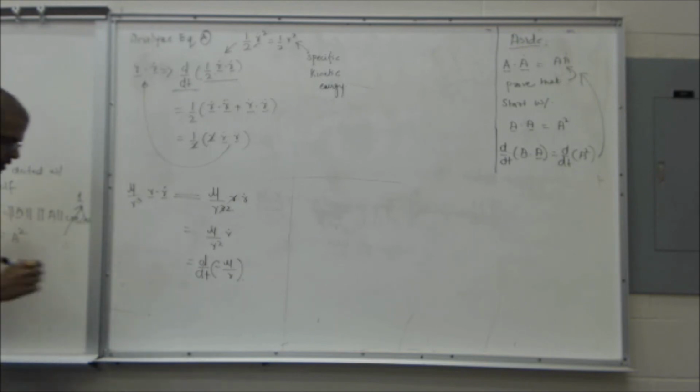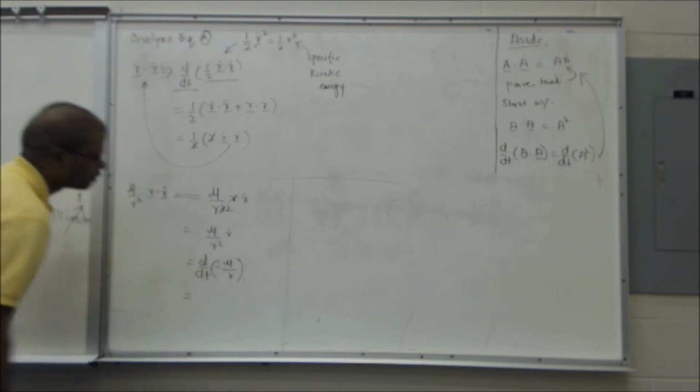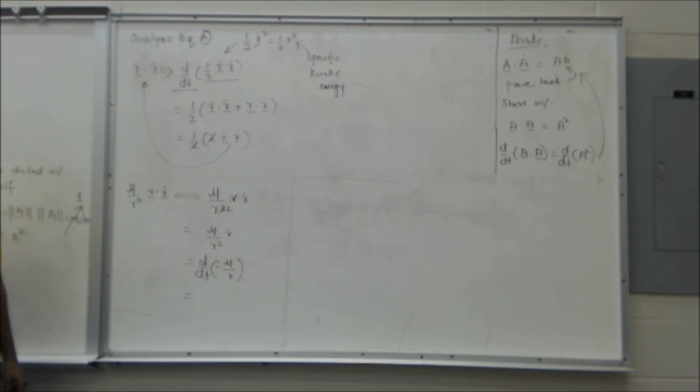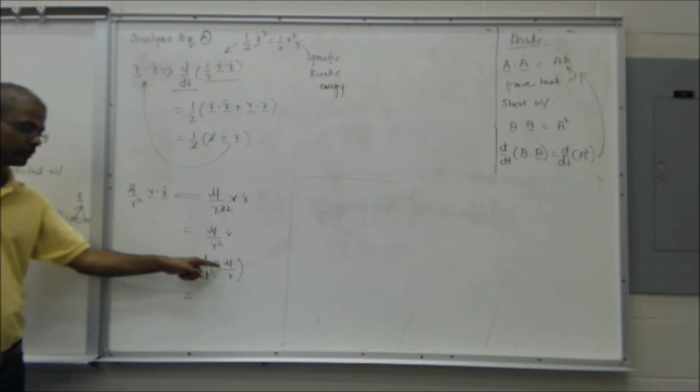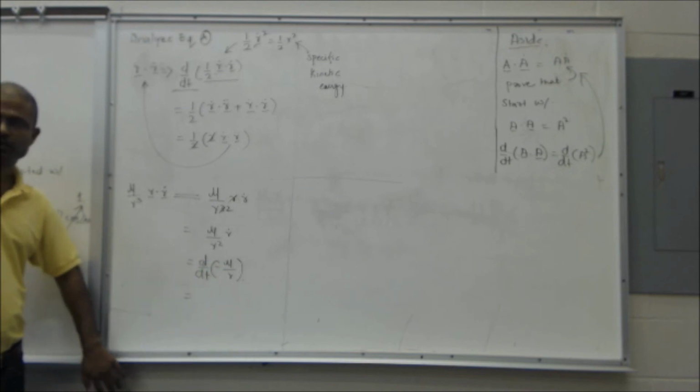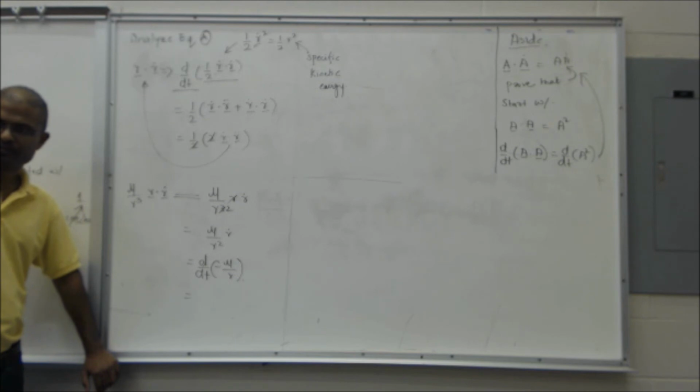If I split this open, what is the derivative of minus mu over R? Mu is constant. So it is negative mu over R dot.